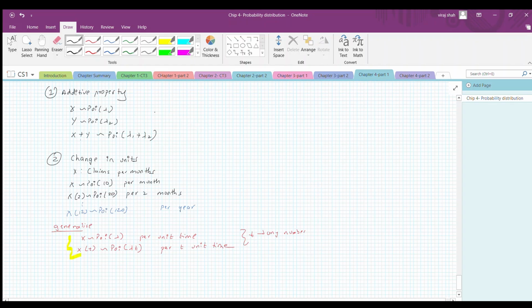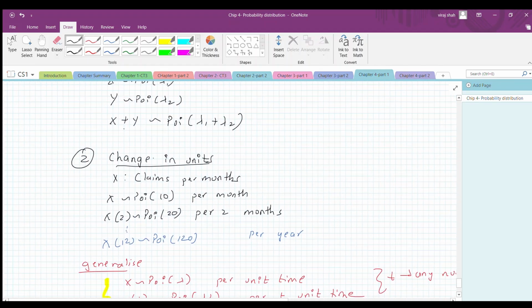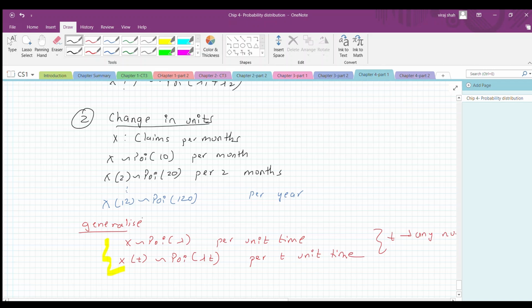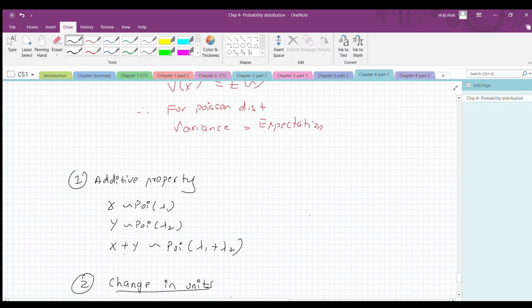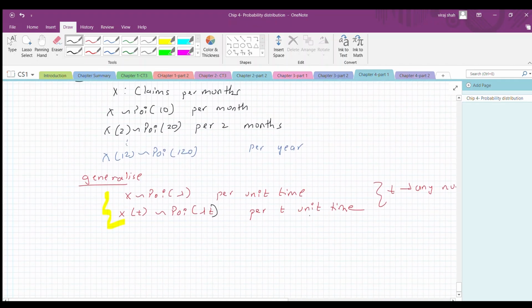These were the two additional properties of the Poisson. What does change of units say? If x follows Poisson per unit time, then xt follows Poisson with parameter lambda t in t unit time. This was the second property of the Poisson distribution.